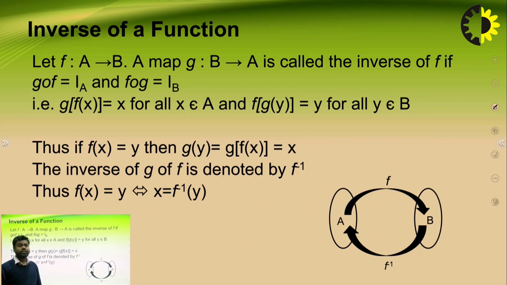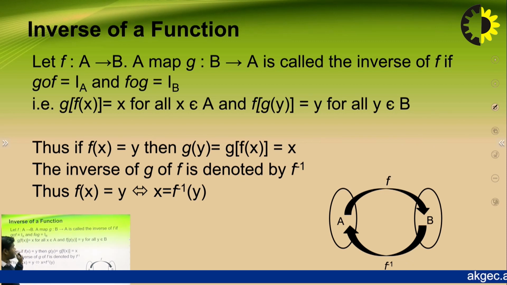Now, inverse of a function. How do we say the inverse of a function? There is a statement on how to find it. Let function f be from A to B. A map g from B to A is called the inverse of the function if g o f equals I_A, the identity, and f o g equals I_B, the identity.